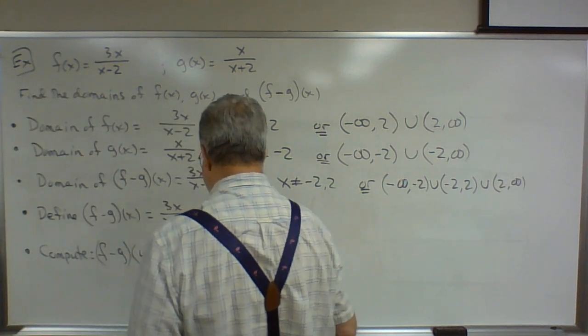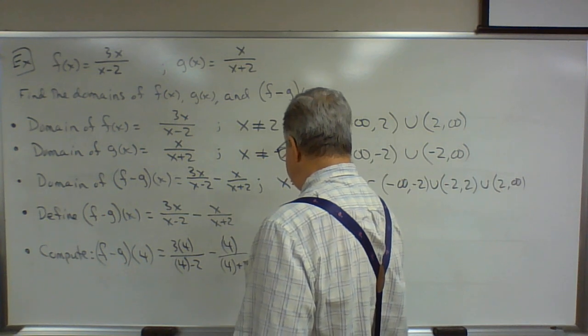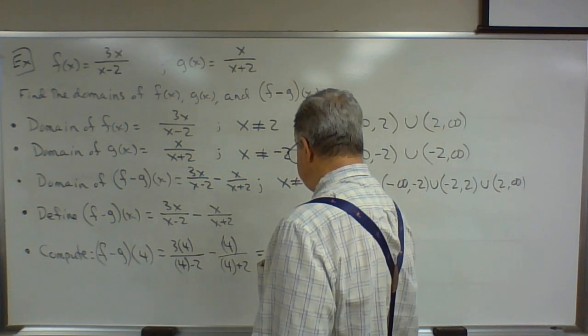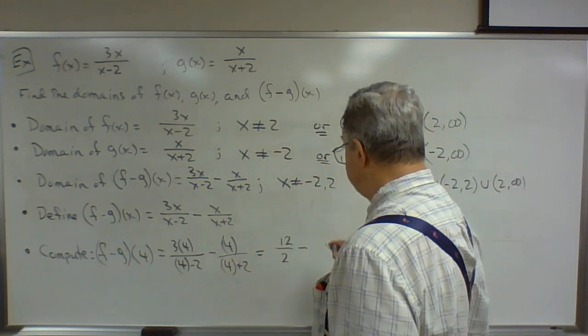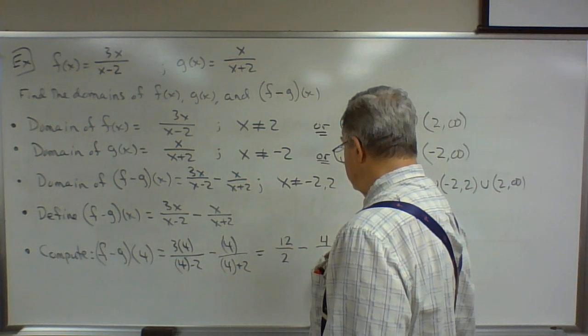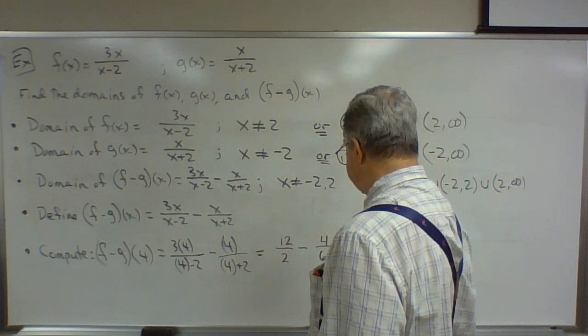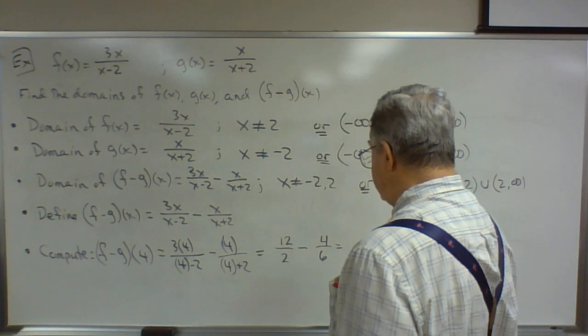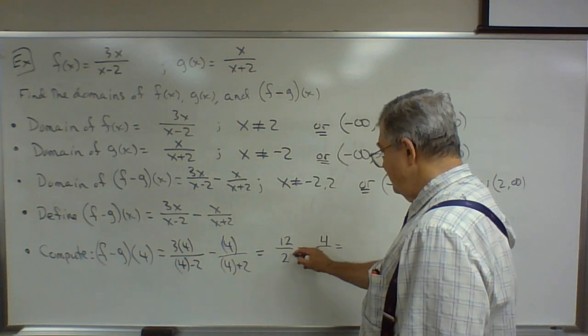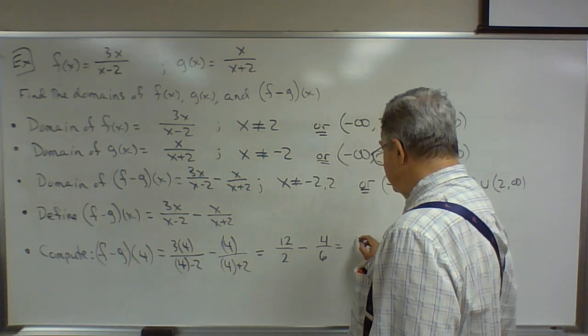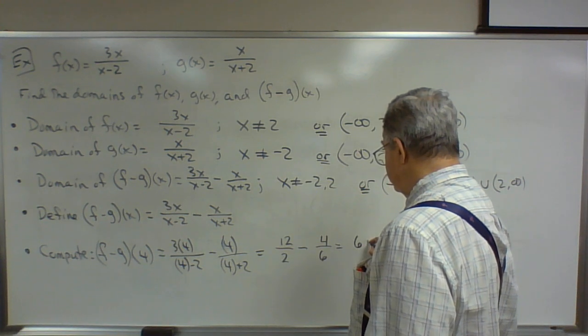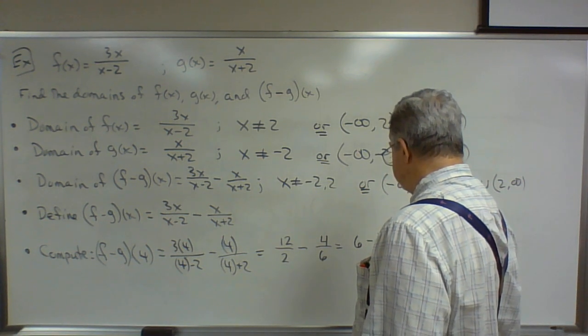And what do we get? 12 over 2 minus 4 over 6. And we can reduce those babies, can't we? This is going to be 6 minus 2/3.